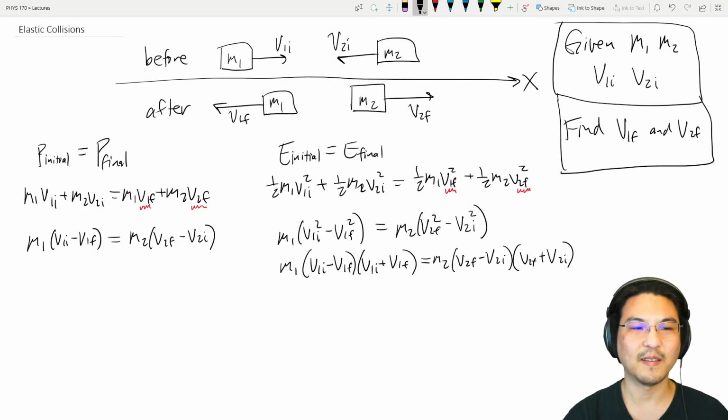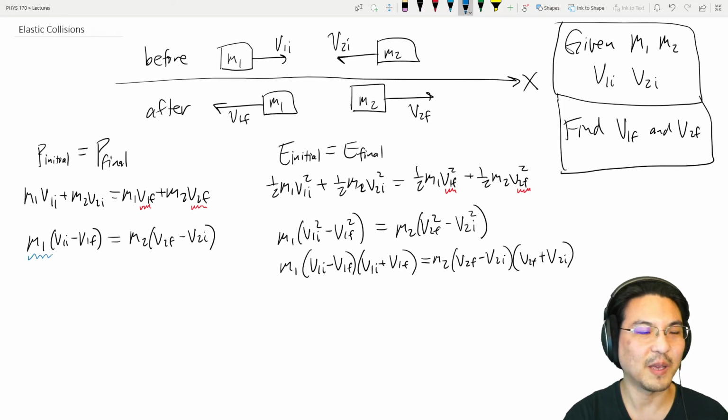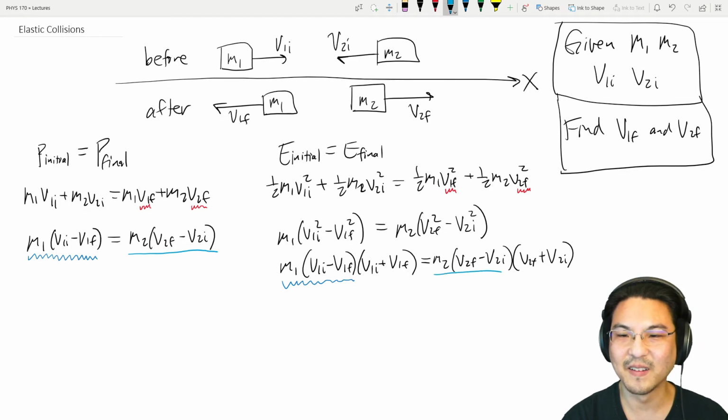Now take a look at this: m1 times v1 initial minus v1 final, that's right here. Take a look at this: m2 times v2 final minus v2 initial, that's right here.